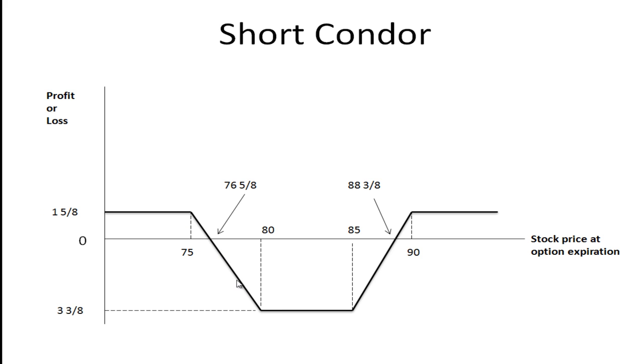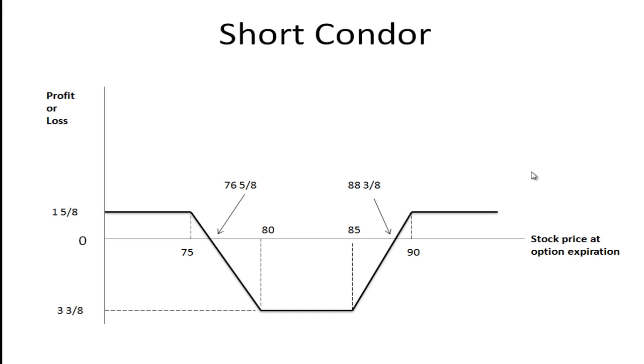You're going to continue to lose money until you hit 80, where your call option kicks in, and then it's going to remain flat until the next option kicks in. That will turn it back up. And again, here the break-even point is 88 3/8, and it finally flattens out at 90, where you have that final option position.